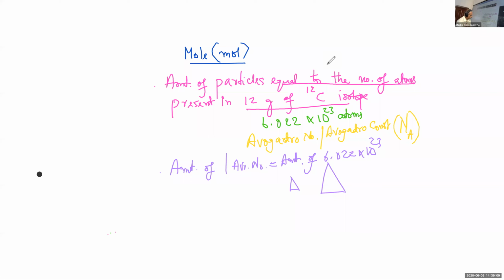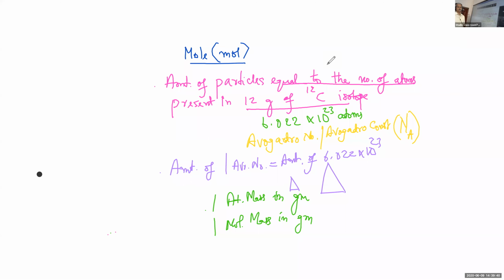So this is equal to 1 atomic mass expressed in gram, or 1 molecular mass expressed in gram. That is the same as 1 mole. I repeat the whole thing.